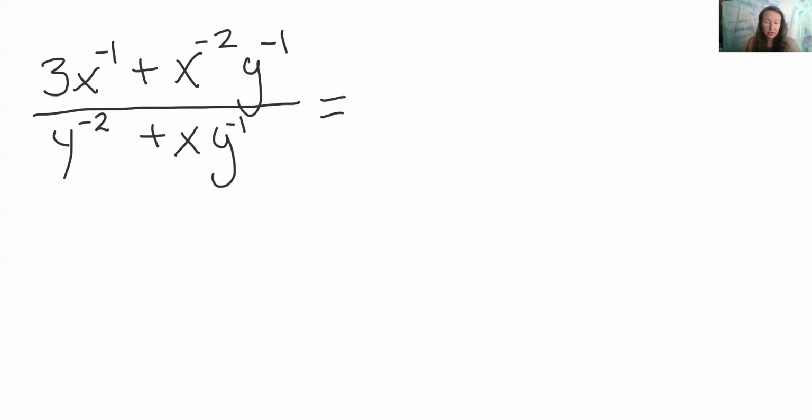So this very first x to the negative 1 is going to become a 1 over x. And this x to the negative 2 is going to become a 1 over x squared. And the y to the negative 1 is going to become a 1 over y.